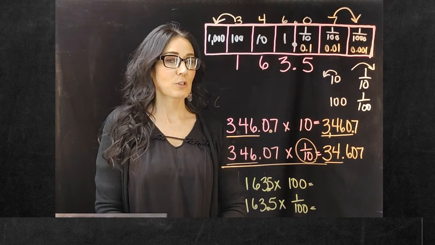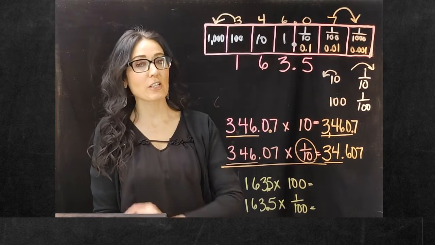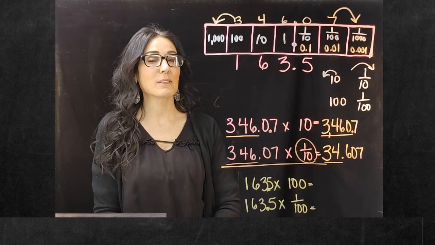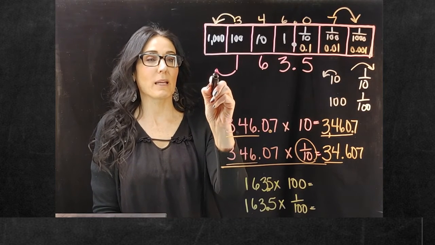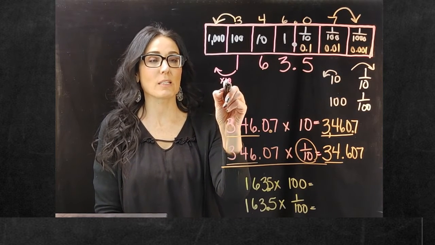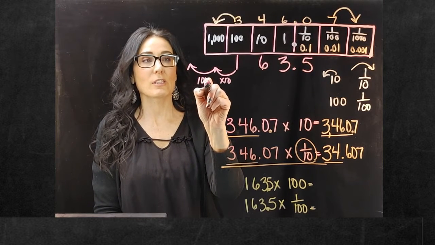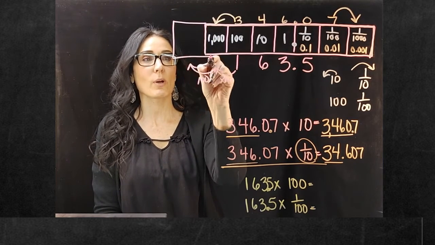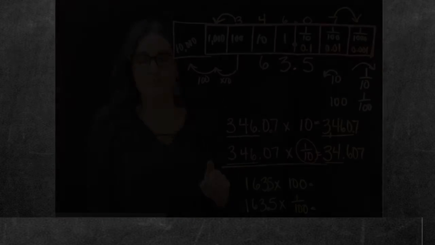So I'm going to be multiplying the 1 by 100 first. In fact, I'm actually going to go off the chart. I want to make this 10 times 10, which means I'm going to have to move twice. So right here's my number. I want to make it 10 times larger. That's only 10. But I have to move it one more time to make it 100 times larger. So I'm actually going all the way over here to the 10,000s place.